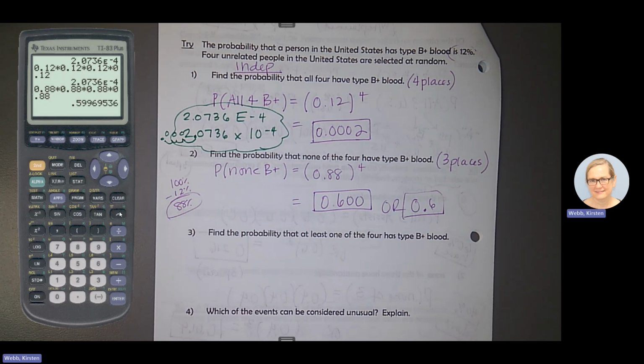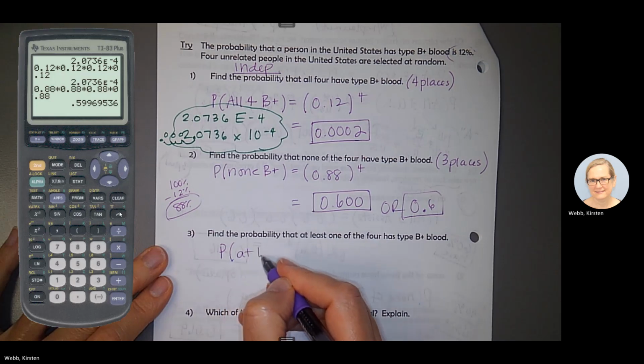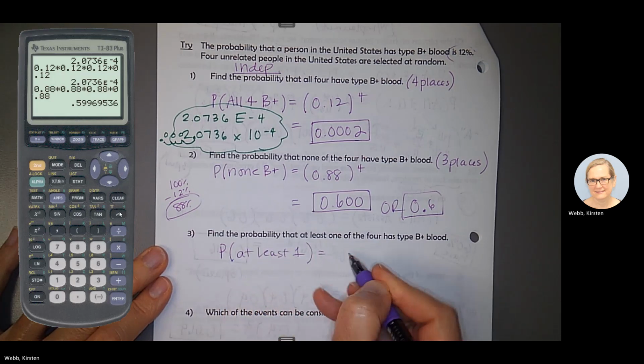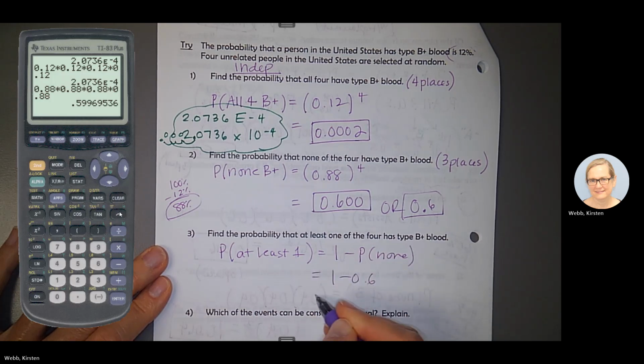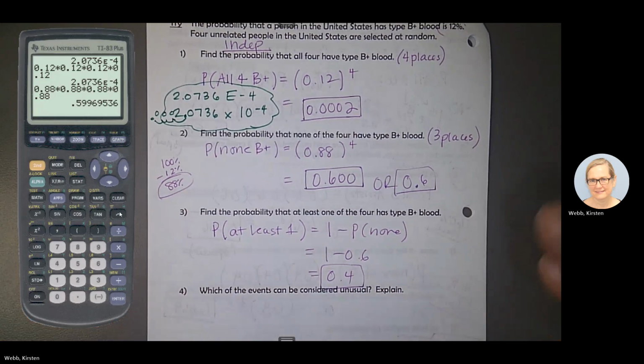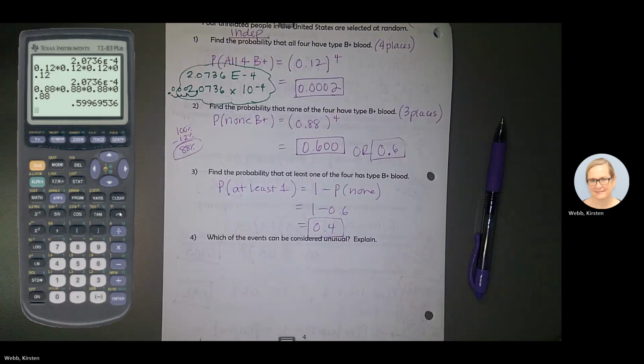Give you a chance to try to find that trick and use it again. Folks getting 0.4 also?